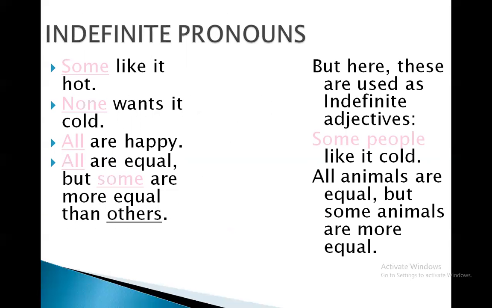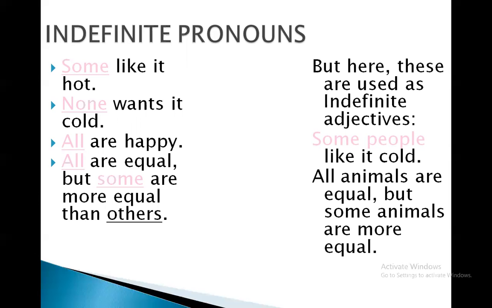An indefinite pronoun is a pronoun which is not exactly clear. Previous slides showed you something, some, none, all, which do not specify any person. Some like it hot, none want it cold, all are happy.